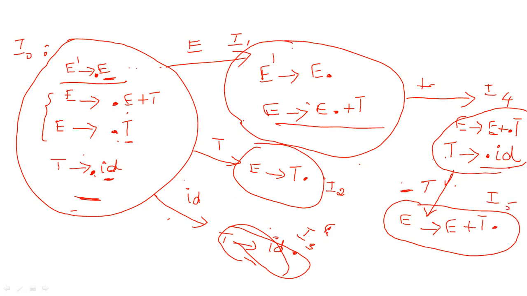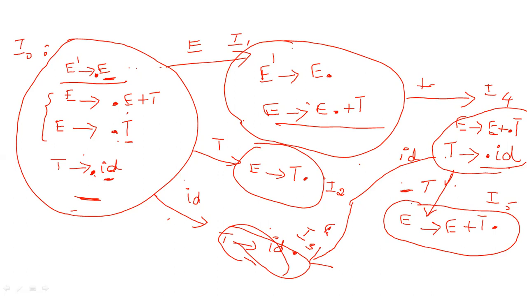Now, what is the other possible input? ID. If I give ID, what will happen? T implies ID dot. The production T implies ID dot is already there in I3. So if I give ID as input for the state I4, it will transit to I3. Everything has been completed.